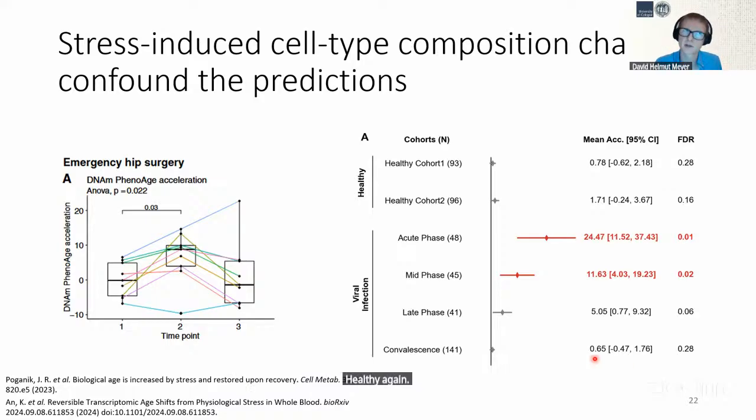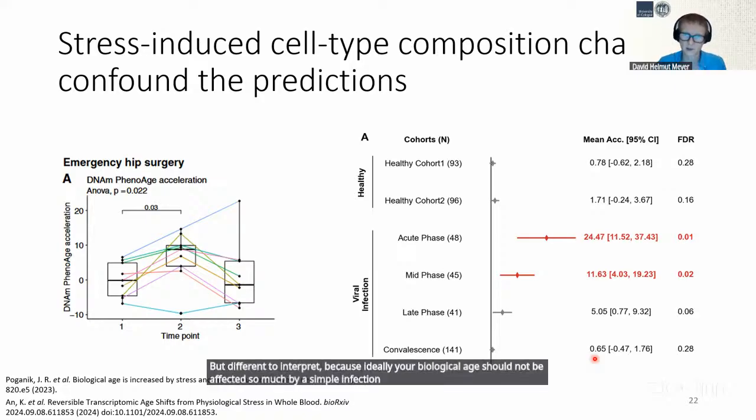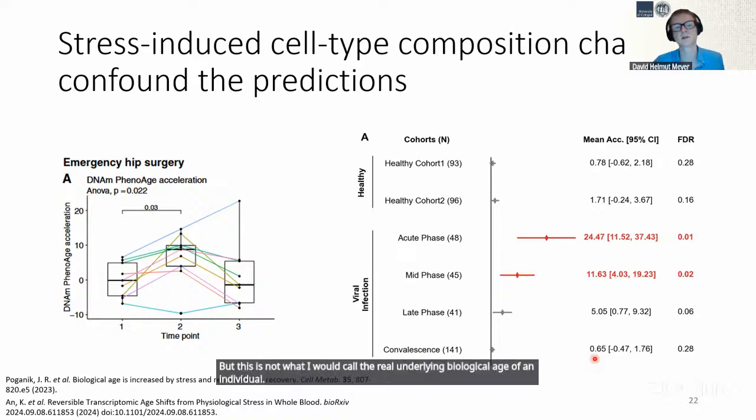And this is, of course, different to interpret because ideally your biological age should not be affected so much by a simple infection, right? Because infection that can go up and down, but you're healthy again, and afterwards you're back to normal levels. But this is not what I would call the real underlying biological age of an individual. This is still important. This is still measuring mortality and so on, but the interpretation shifts.